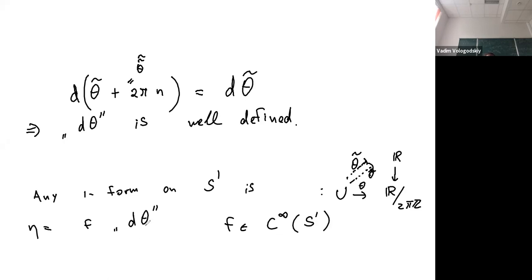Why is that? Because for every point p, d theta forms a basis. It's non-zero, so it forms a basis in the one-dimensional cotangent space. So any other cotangent vector can be written as a multiple of this. And if you let your point vary, you get a function times d theta. Okay?